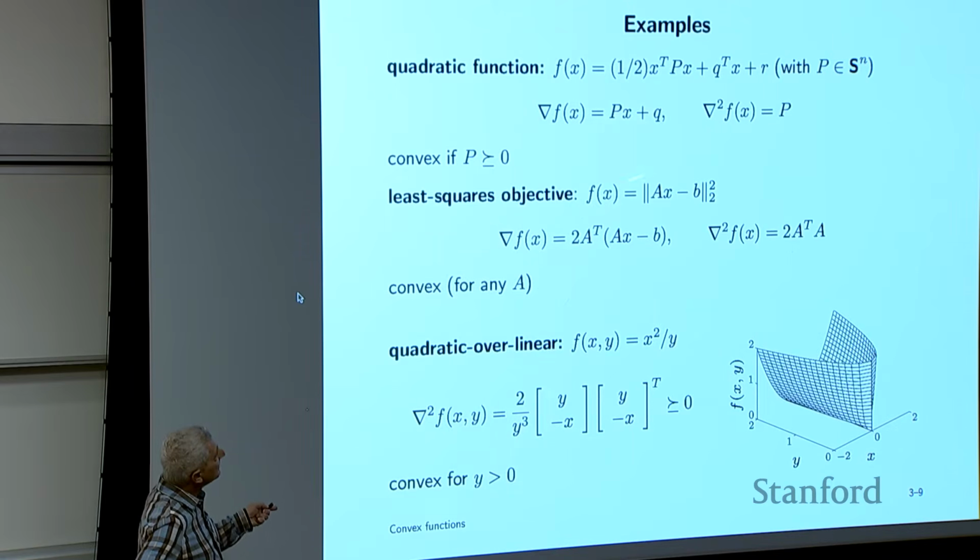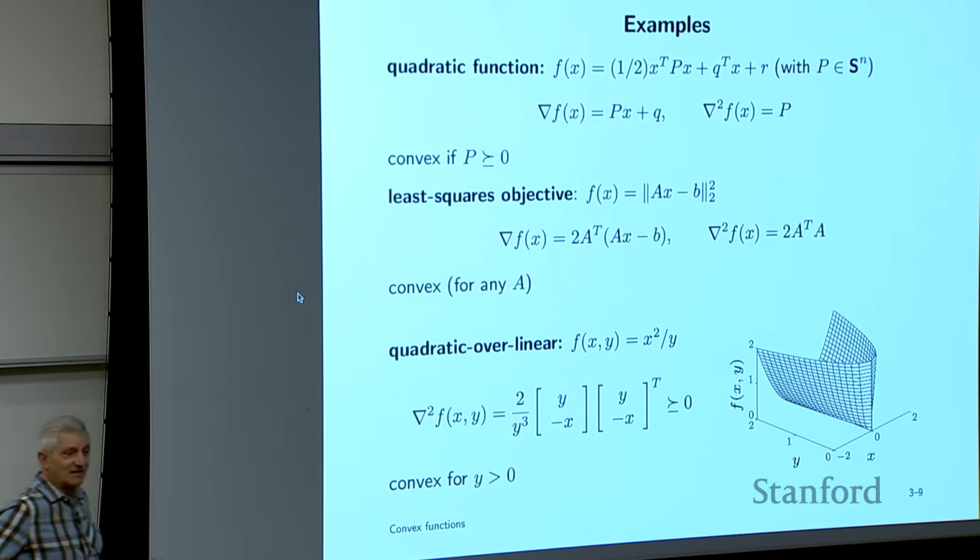Here I have a matrix A, doesn't matter its dimensions, except this has to make sense, and a vector b. I form this thing, and if I expand it out, the gradient is this thing. This is what you'd see in the so-called normal equations. And then the Hessian is 2A transpose A, positive semi-definite. So it's done. These are just good things to know.